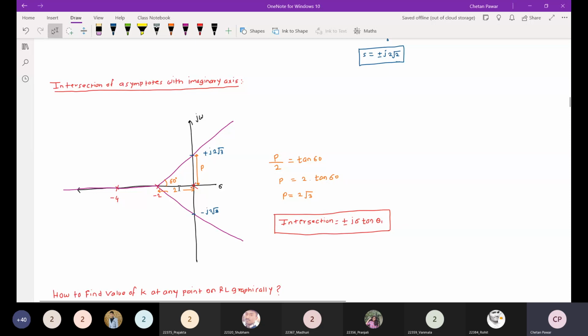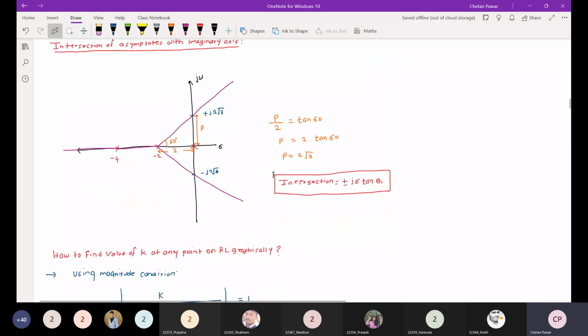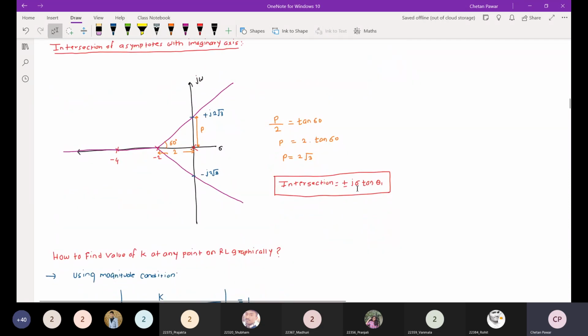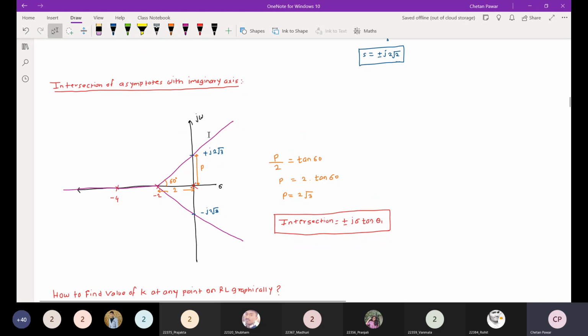P by 2 will be tan 60, so P will be 2 into tan 60, so P will be 2 root 3. This is the intersection of the asymptote with the imaginary axis. The formula you can directly use is plus or minus j sigma tan theta 1. By using an angle condition, you can find the intersection of the asymptote with the imaginary axis.